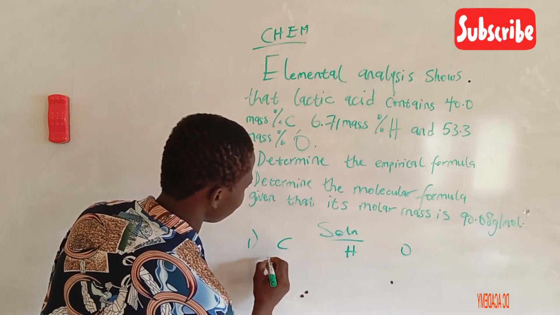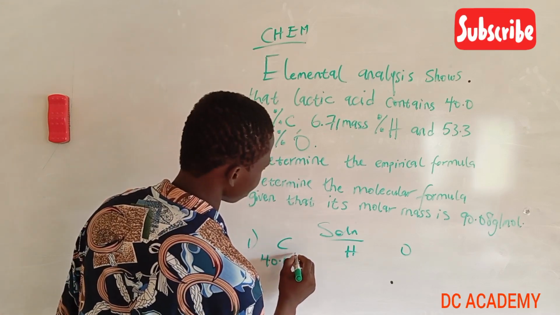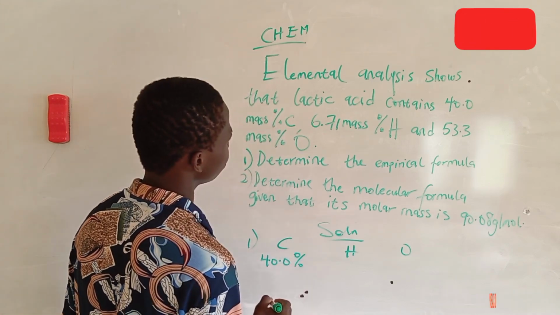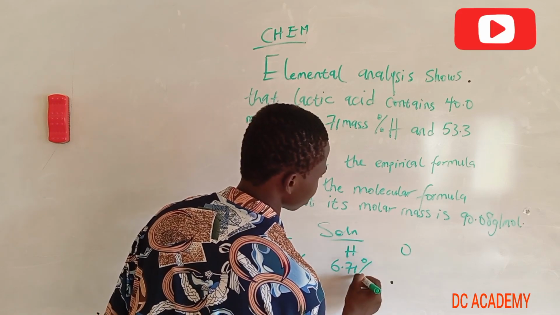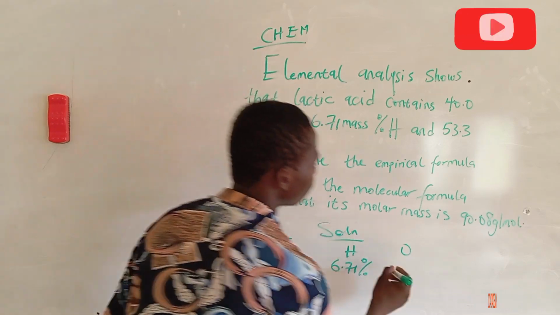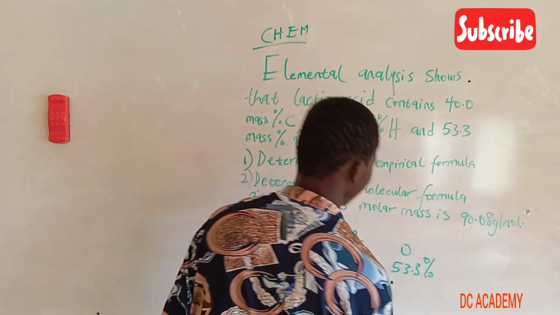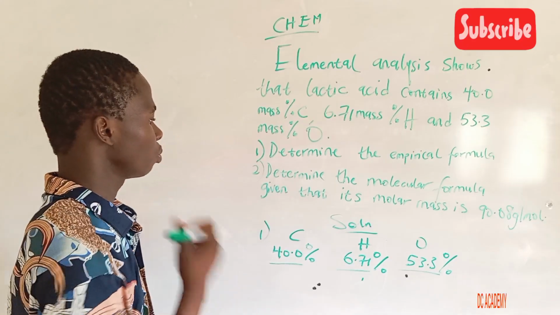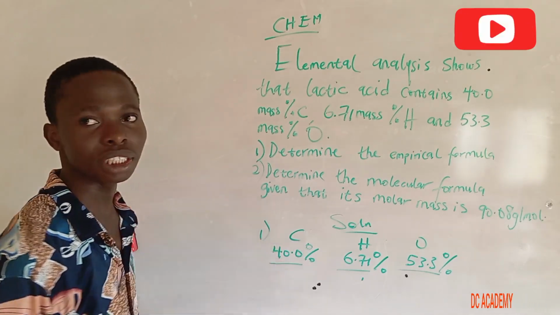We have 40.0%, 6.71%, and 53.3%. I recall I told you the first step in solving this is by dividing each element by its atomic mass.